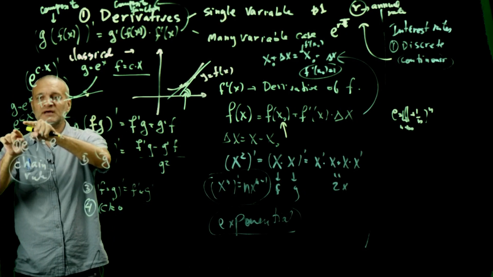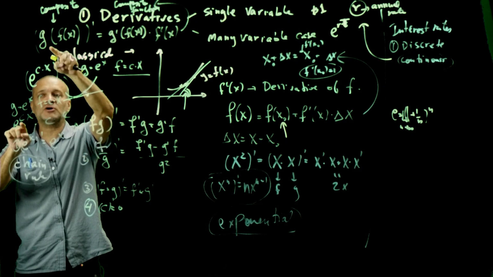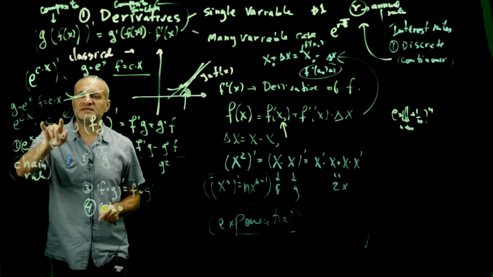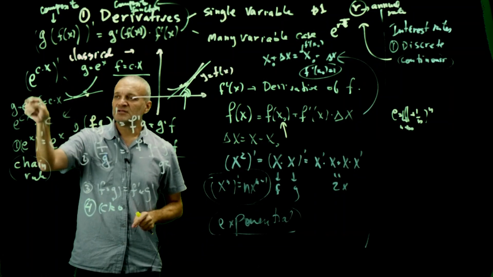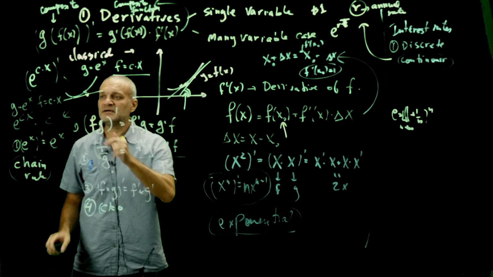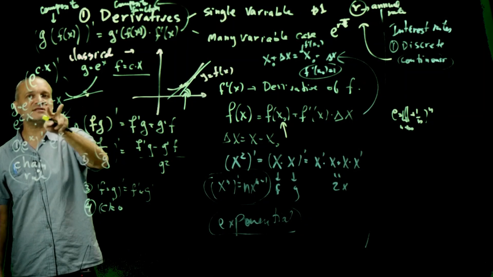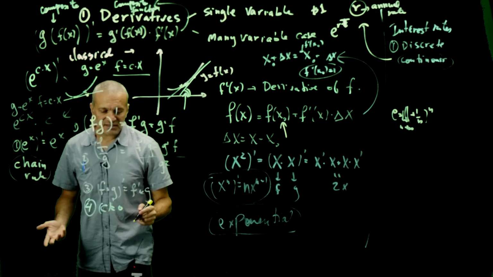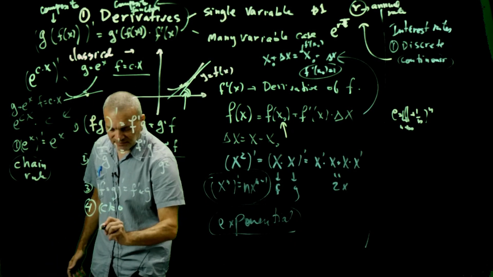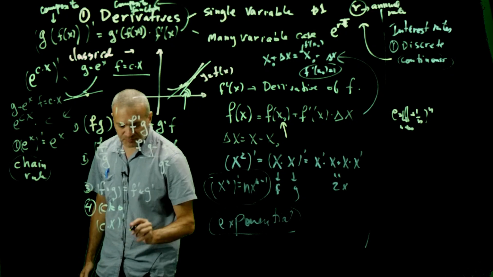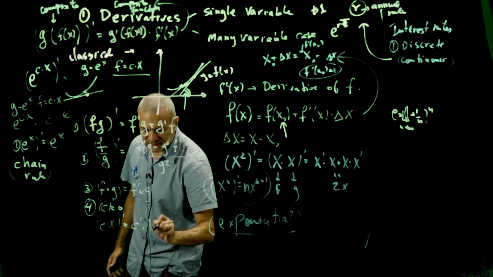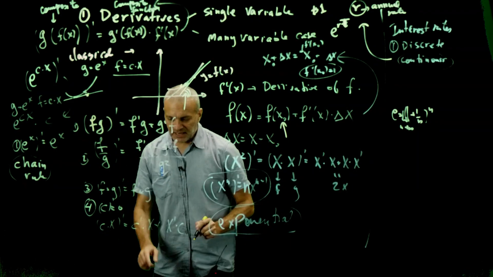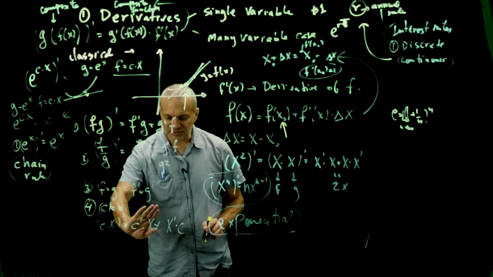This is e evaluated at c times x, because the derivative of e to the x is e to the x. And here you are evaluating at c times x, so the derivative of c times x is going to be c. Once again, you can think about that in the following way. The derivative of cx is just a product, so it's c prime times x plus x prime times c. And we know that c prime is 0, so this goes away.